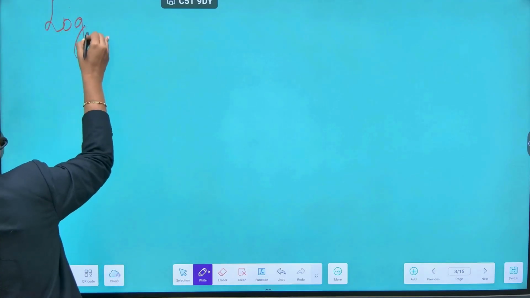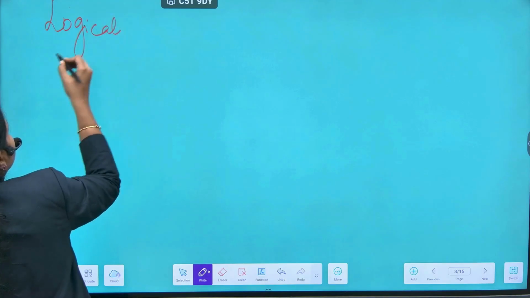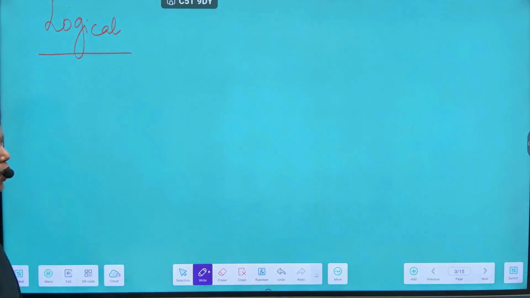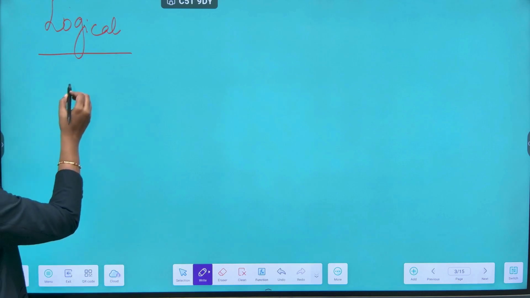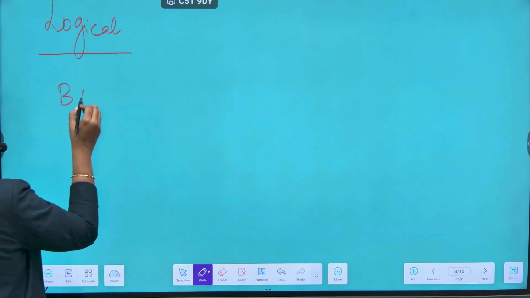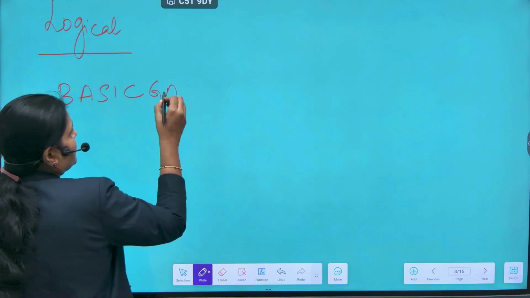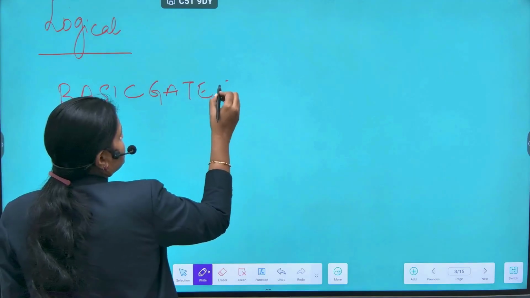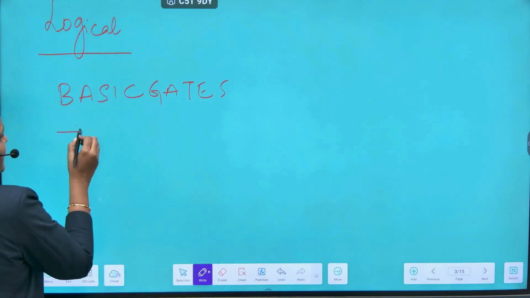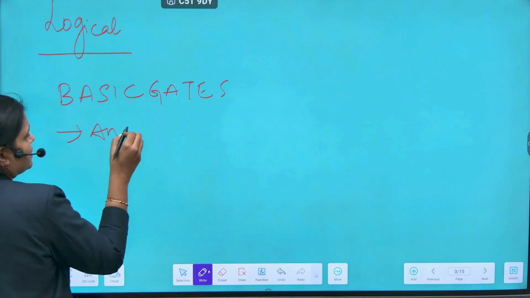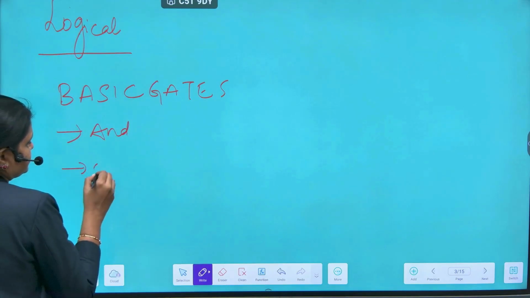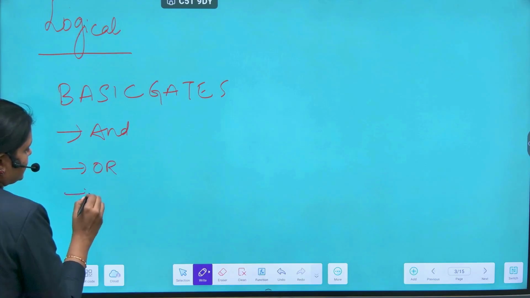Logical operations. When we say logical operation, we talk about the gates. So what are the basic gates? We have AND, OR and NOT.